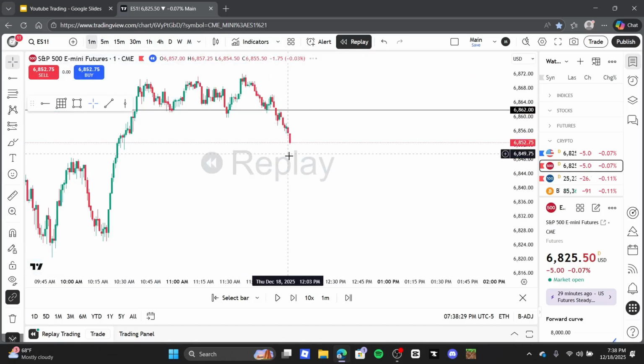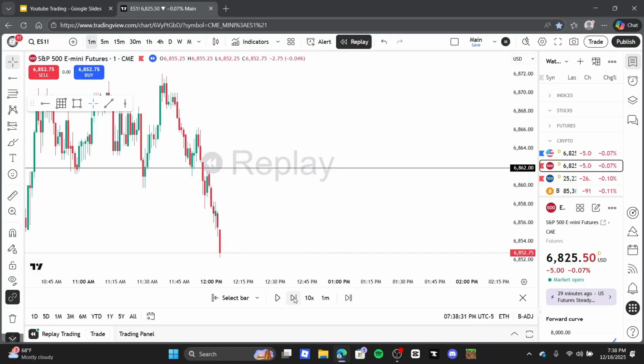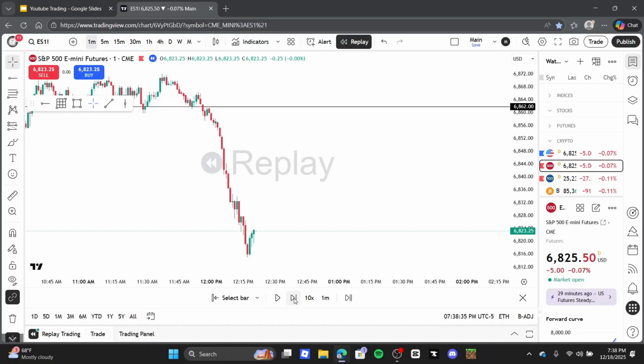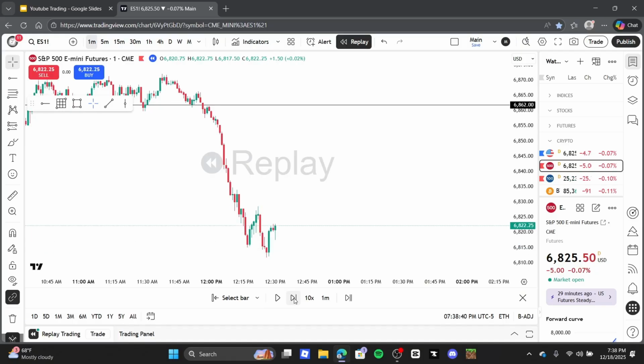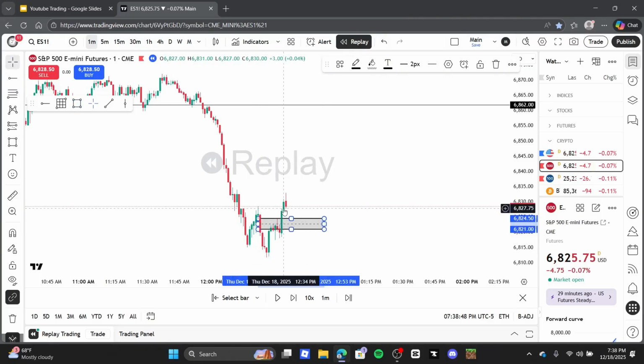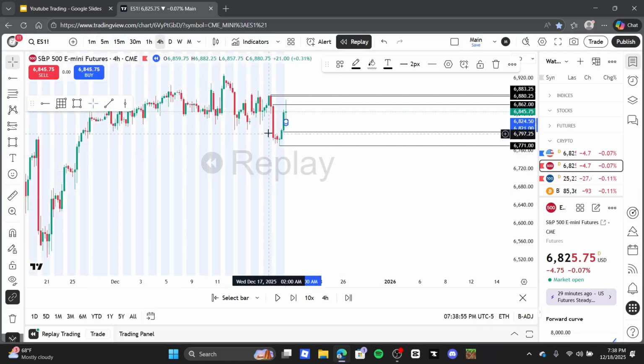Then I'll go to the 1-minute and look for a retracement, which happens never. No, I'm playing. So we get an inverse fair value gap there. Okay, cool. There's an inverse fair value gap right here that we actually went right through, and that could be a point, but I think the 4-hour was in a downtrend.